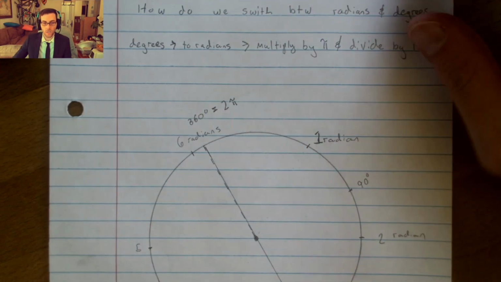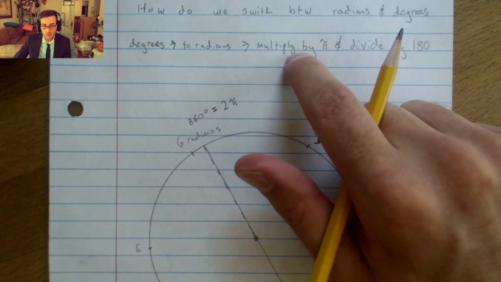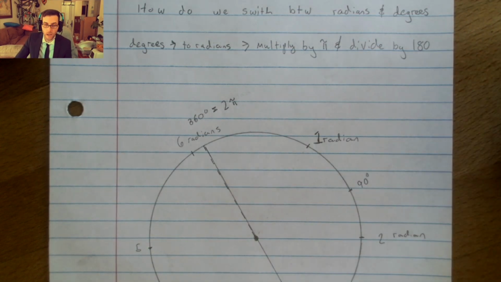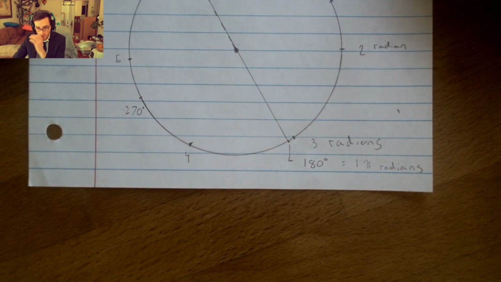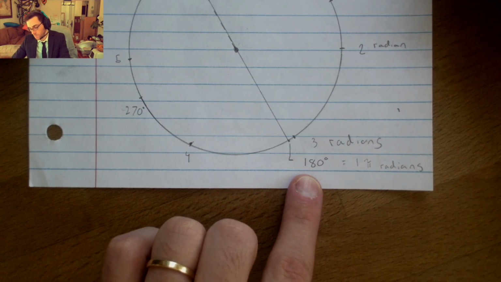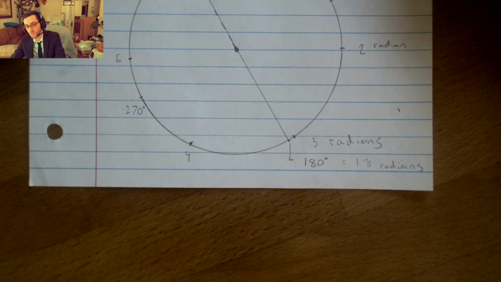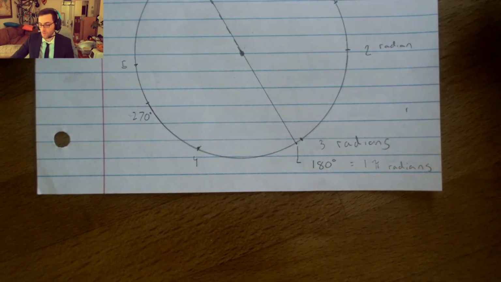So if we want to go from degrees to radians, we're going to take that degree measure, multiply it by the number pi in our calculator, and then divide by 180. You'll see along the bottom here, 180 degrees. If we multiply 180 times pi, then divide by 180, extracting that 180 value out, we'd be back to pi radians, or what we would say 1 pi radians.